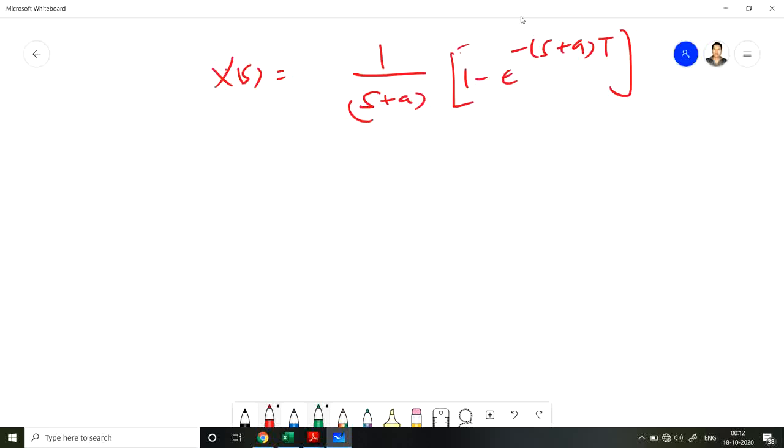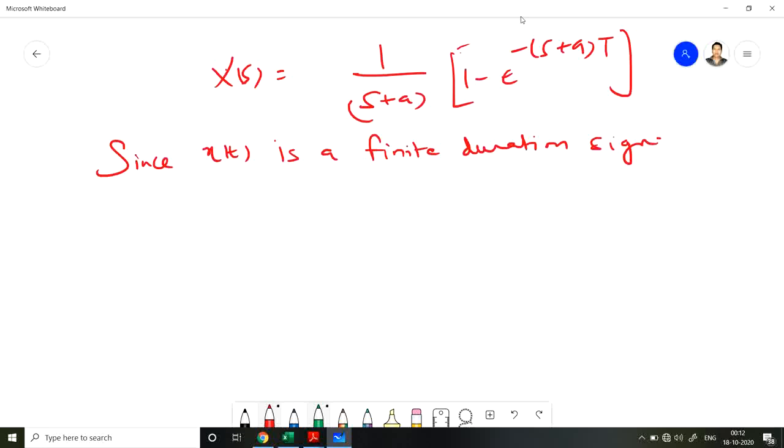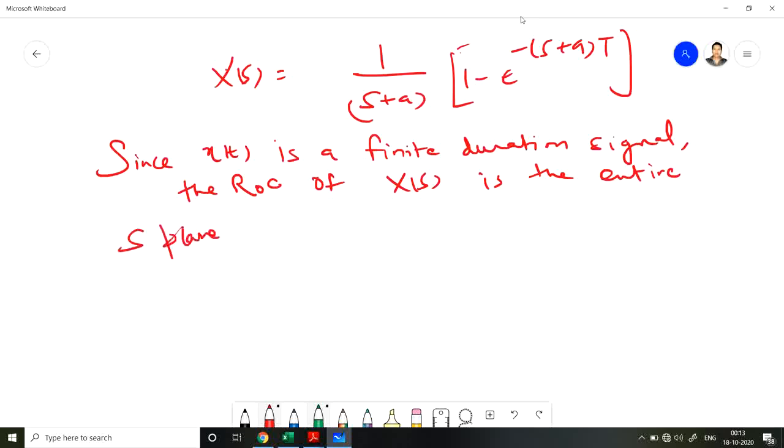Since x(t) is a finite duration signal, the ROC of X(s) is the entire s plane.